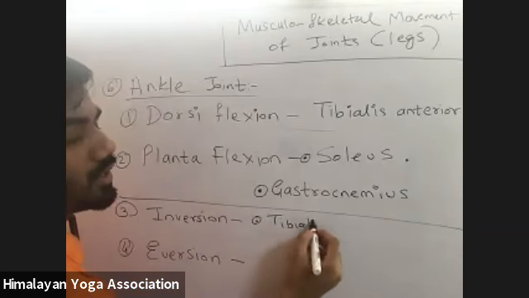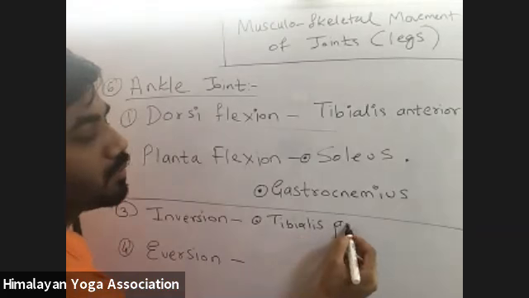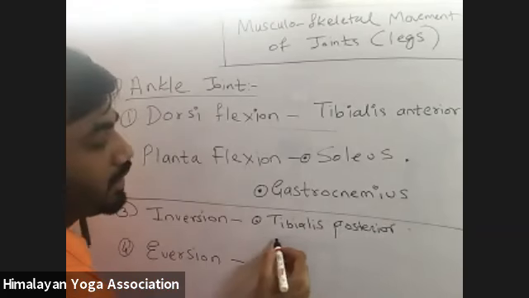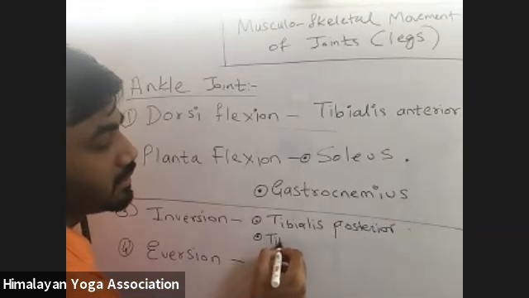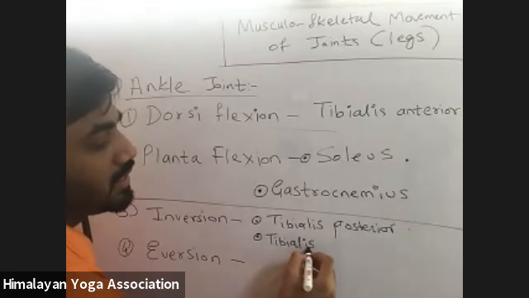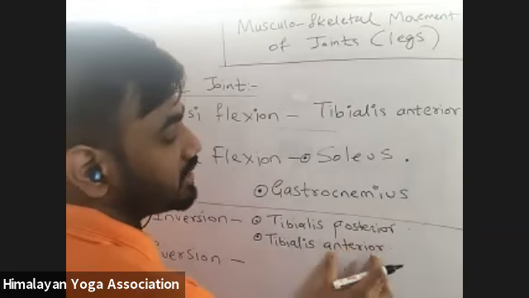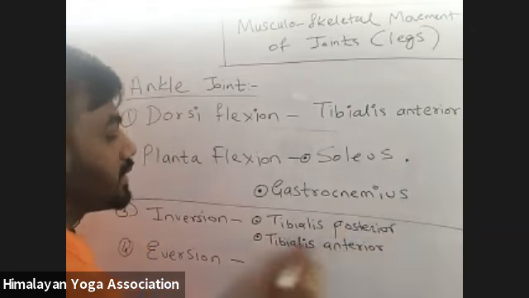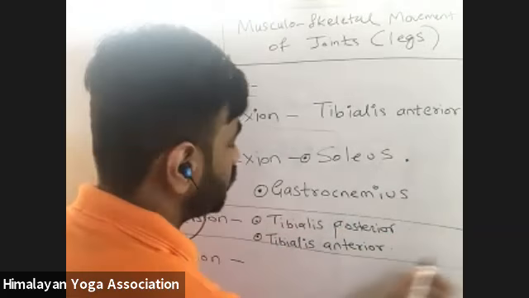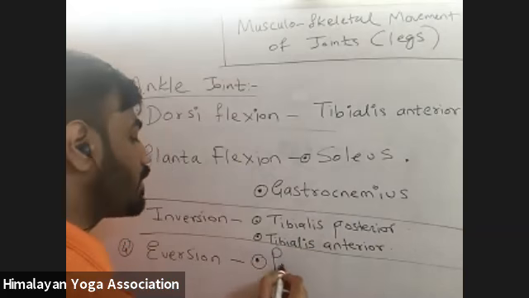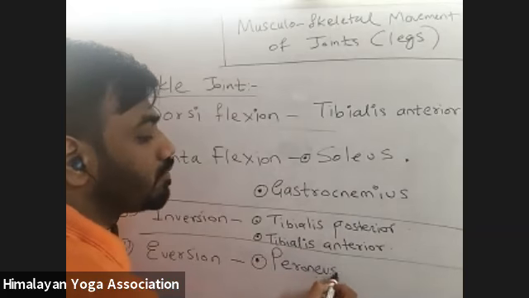In the inversion, we have the tibialis posterior muscle this time, as well as the tibialis anterior muscle. So both the front side and the back side muscles get engaged in the inversion of our ankle, whereas in the eversion of our ankle, we have the peroneus group of muscles.